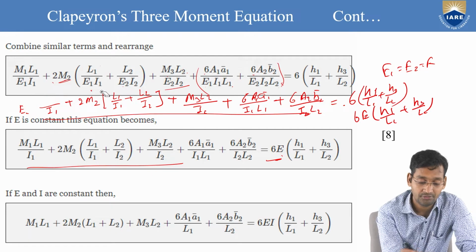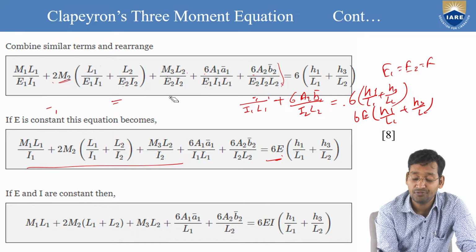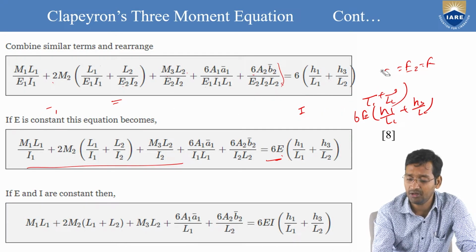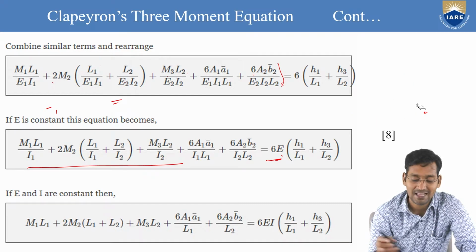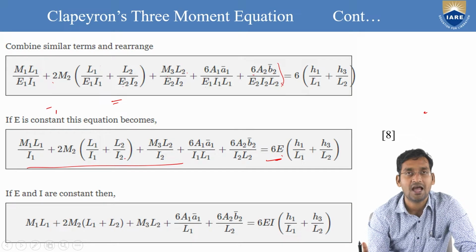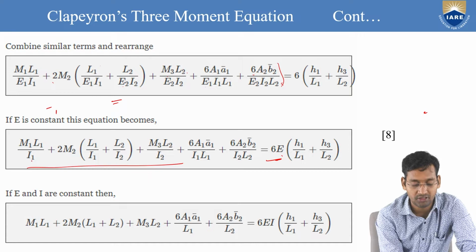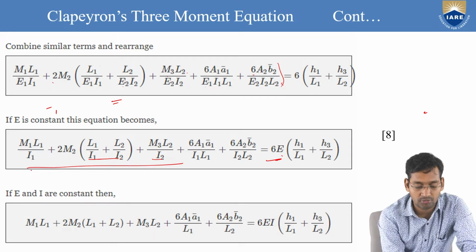Now if the cross-section area is also the same, then the moment of inertia will be the same, and we can replace I1 and I2 with only I. After replacing, I can be taken common from each term. So after taking 1 by I common, what we have is M1 L1.